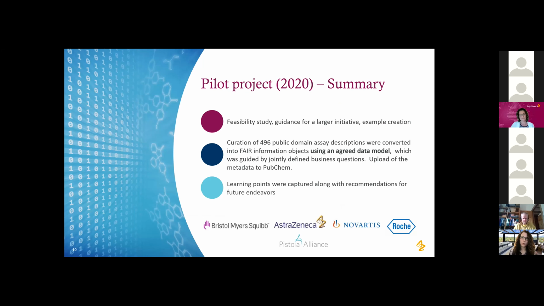And throughout it all, we wanted to, of course, capture our learnings, and share those with the public as well. So we decided to curate about 500 public domain assays, convert them to a FAIR format using a data model that the stakeholder team and CDD helped design, and then upload that data back to PubChem.